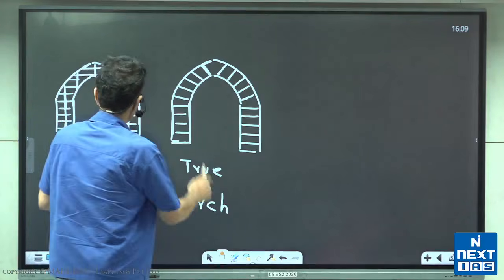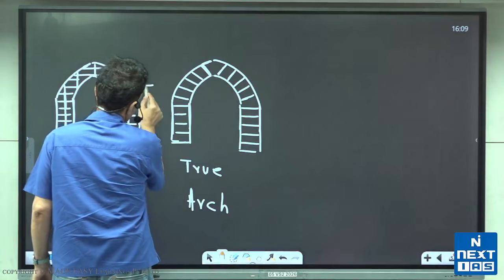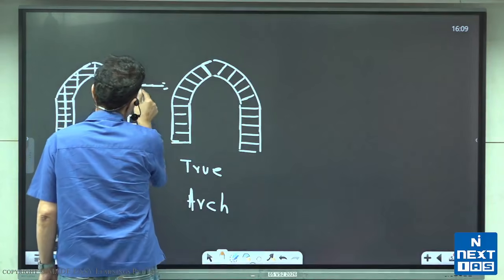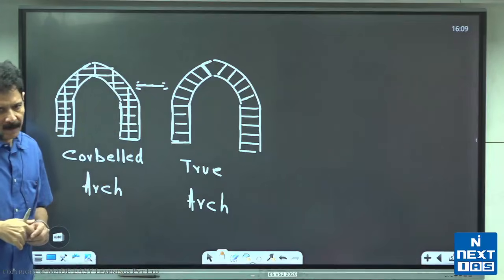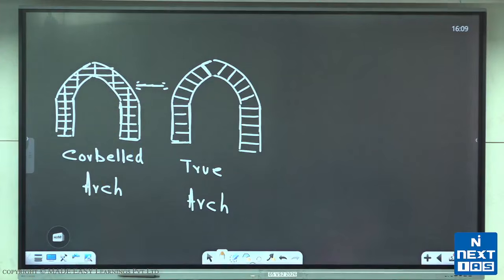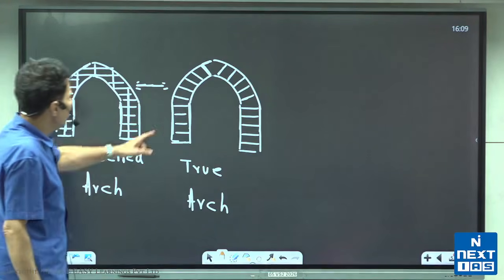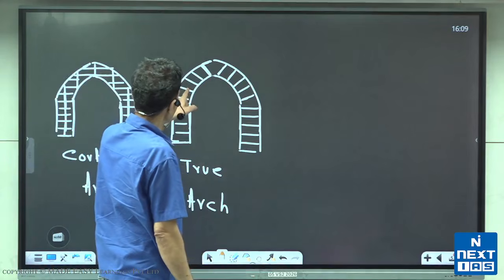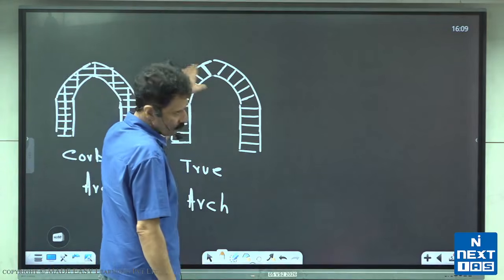But if you compare this and this, what is the difference you find? Here the brick pieces or stone pieces are not in horizontal courses.